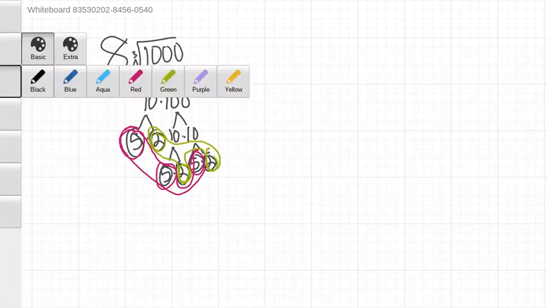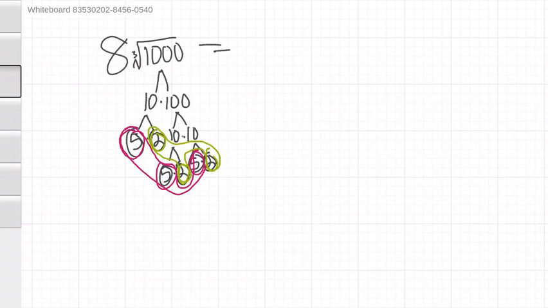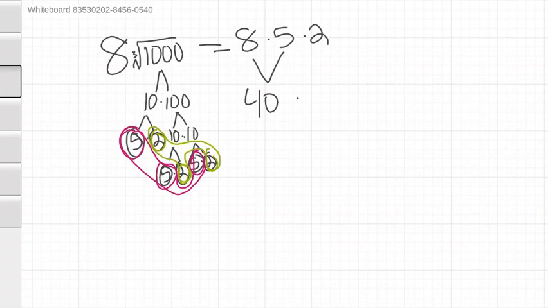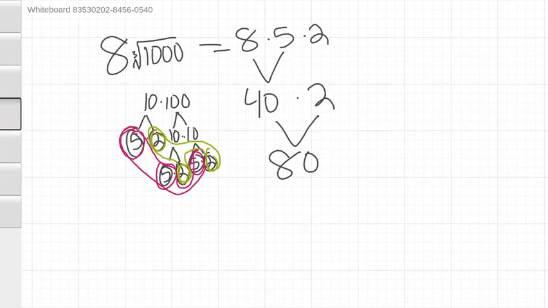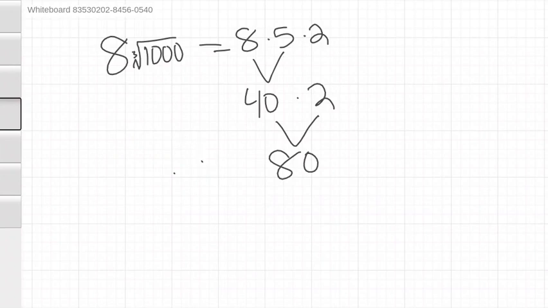So then what we would get is 8 times 5 times 2, not a square root of anything, oops, and 8 times 5, which is 40, times 2, which is 80. So 8 cube root of 1000 is just 80.